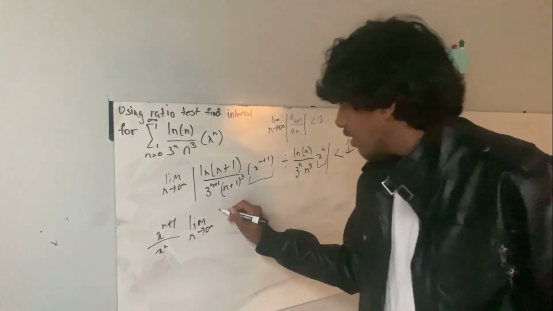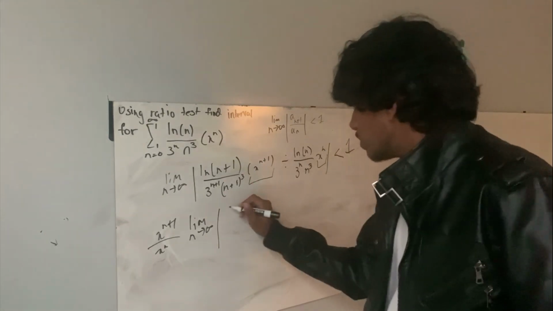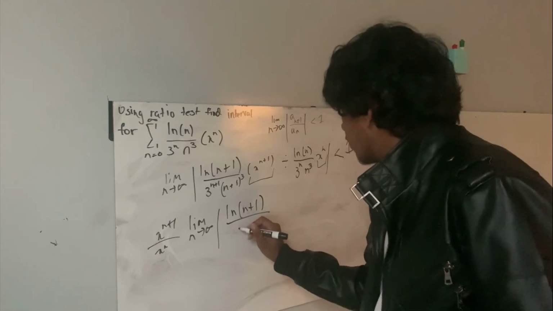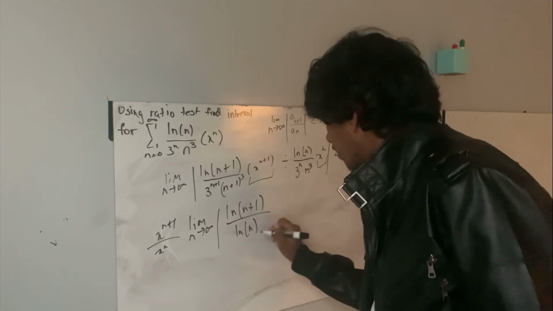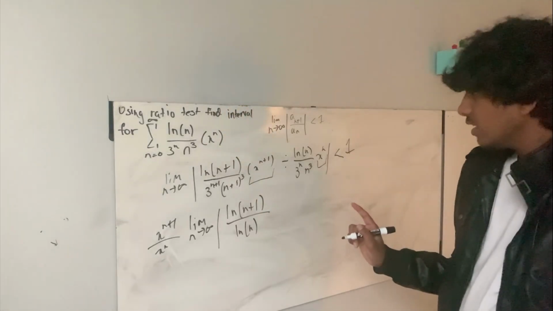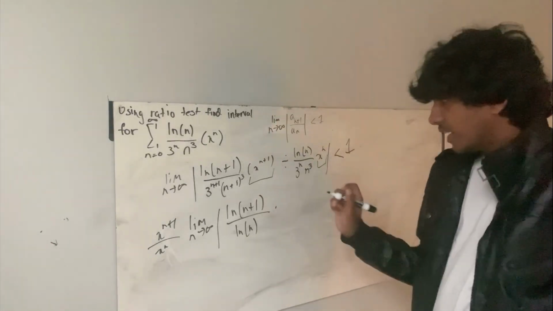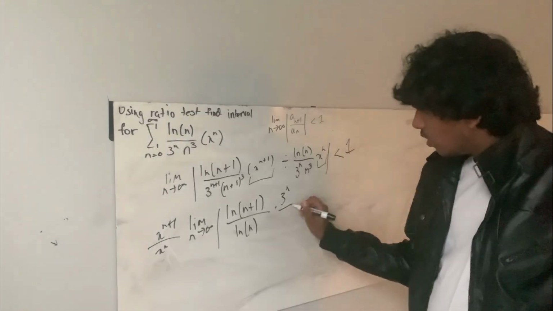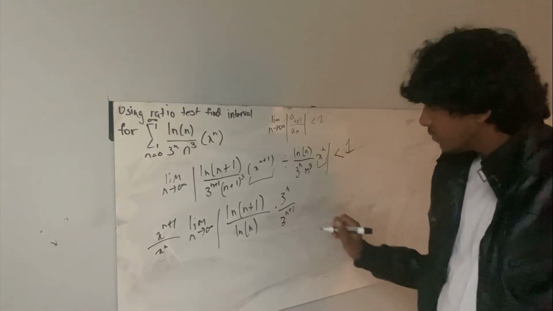Okay. Let's group the natural logs together. So we're going to have ln of n plus 1 over ln of n. Okay. And then we're going to multiply that by 3 to the n over 3 to the n plus 1.